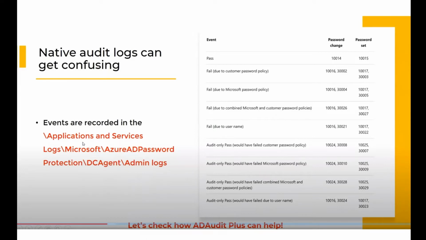But again, the limitations with the native side: there's no ability to run a report out of it. It's pretty hard to decrypt, parse, and normalize the fields and make them more meaningful. And that's what ADAudit can achieve for us by leveraging the native logs in a beautiful way.